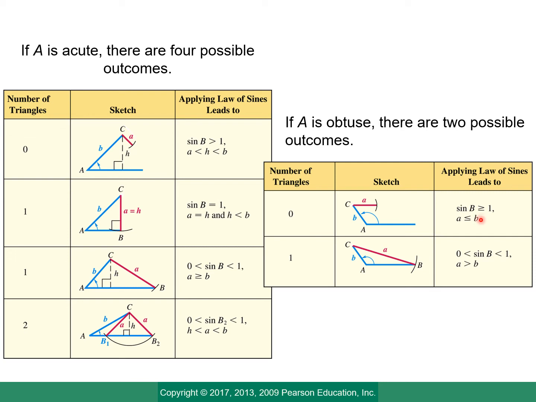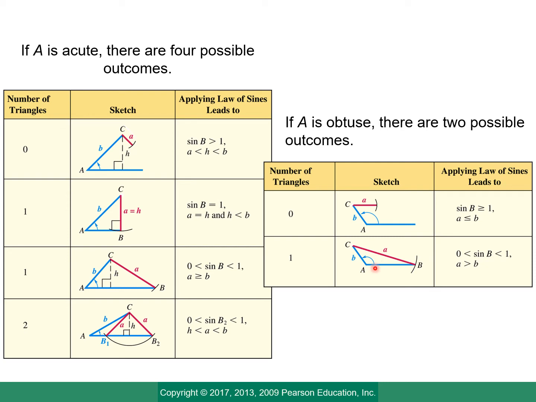Sine of B equal to 1 would mean that A is exactly 90, but because we know it's obtuse, then this can't exist because we already know A is bigger than 90. There's 1 triangle. Again, if you know that A is obtuse, this angle is big here, bigger than 90, and then your sine value makes sense. You have a sine between 0 and 1, and then you know side length A is longer than B.